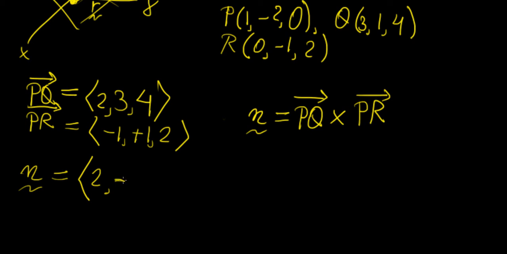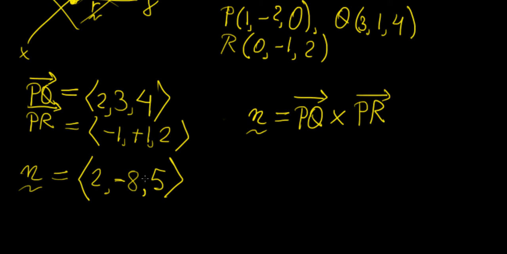But remember, the jth component here is always negative, so that becomes minus 8. And then for the kth component, we have 2 times 1, that's 2, minus 3 times minus 1, so basically that's going to be plus 5. So this is our vector, not a unit vector, but our vector pointed perpendicular to the plane.